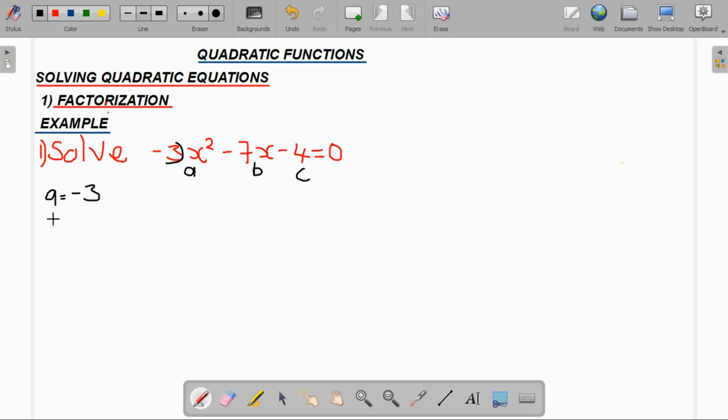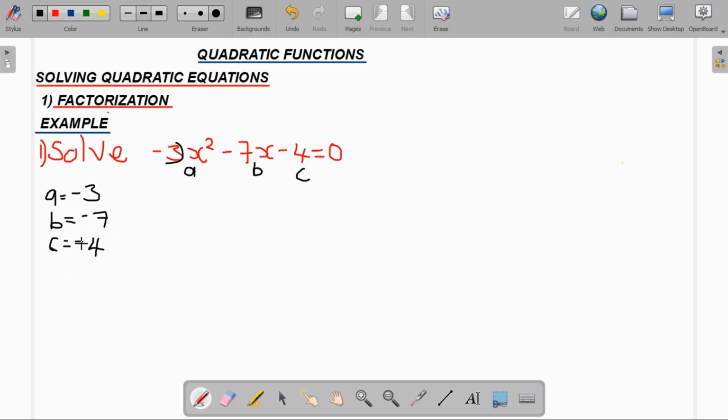That is our coefficient of a. The coefficient of b is negative 7. And the coefficient of c is negative 4. These are the numbers that we have in that quadratic function.